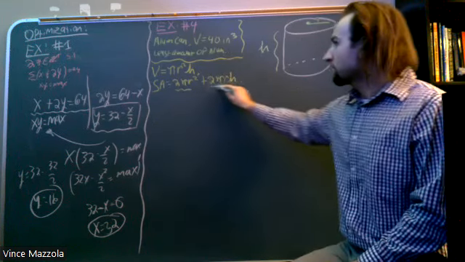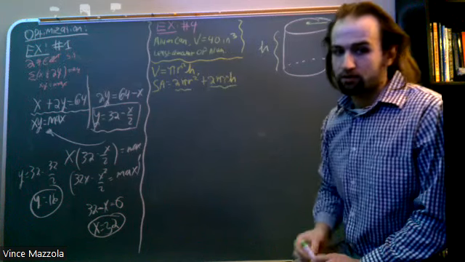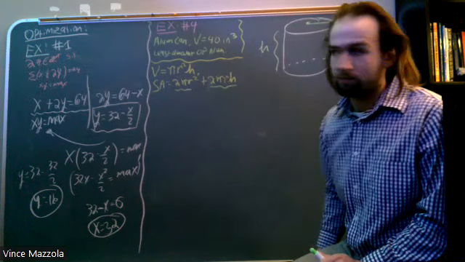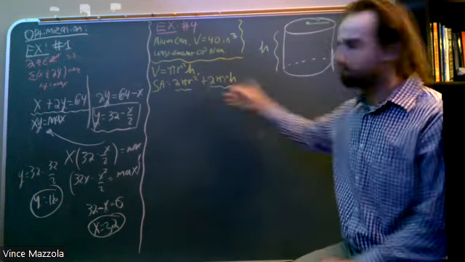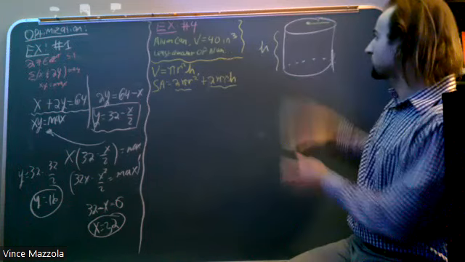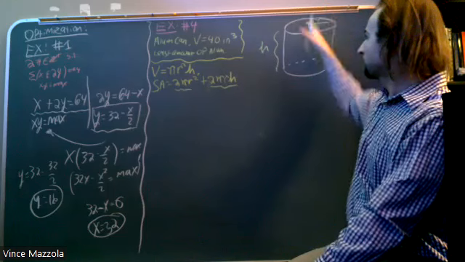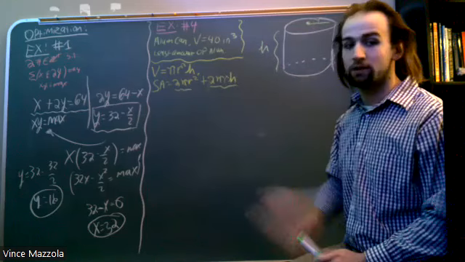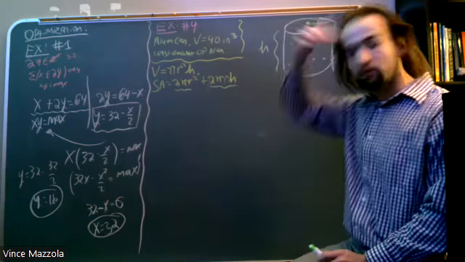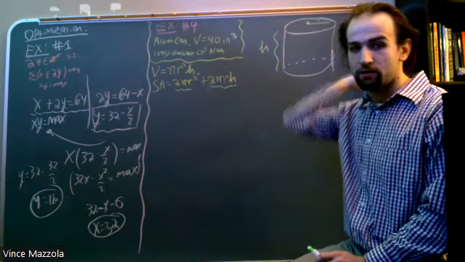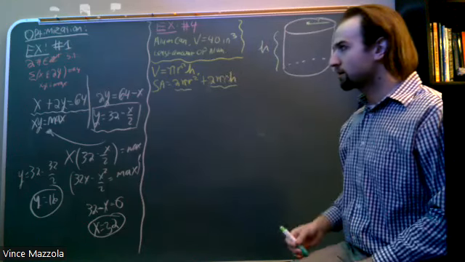And then this part you already know, because we did it last year in trig. It's just the circumference, 2 pi r, which is the perimeter of a circle, and you just shoot it down with the height. So that's all the surface area formula is, if you really think about it. But you're going to be provided any formula you might need, so don't worry about memorizing anything.